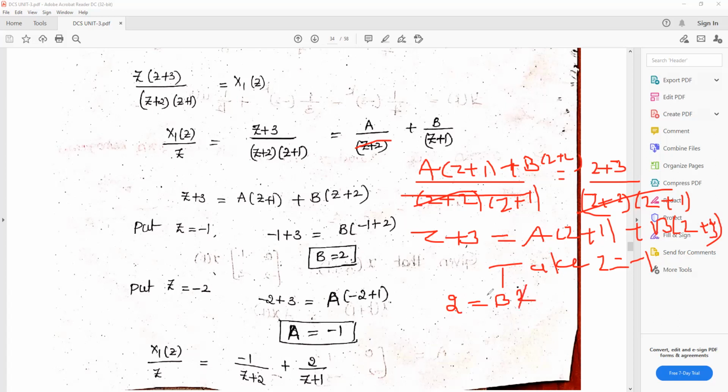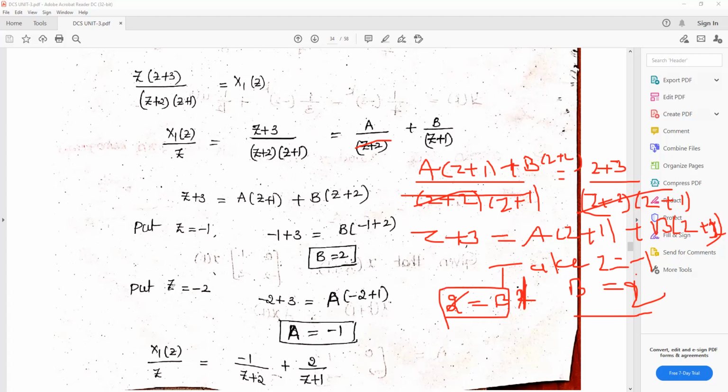B into 2, the 2s cancel. B is equal to 2 over z plus 2, so minus 1 plus 2 is 1. So the b value is 2.